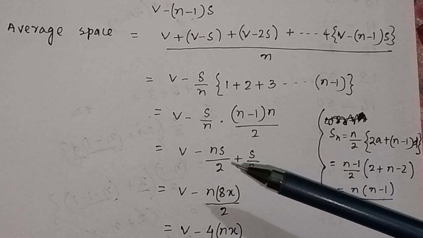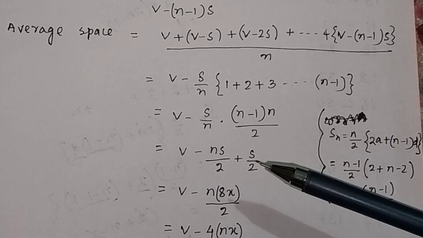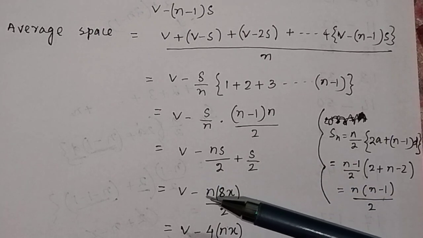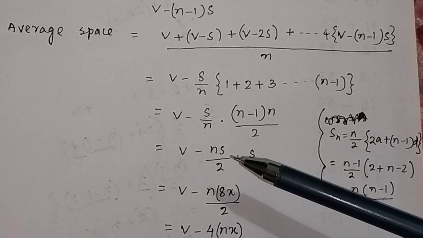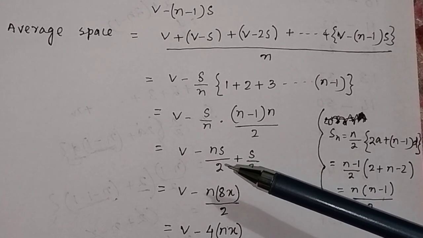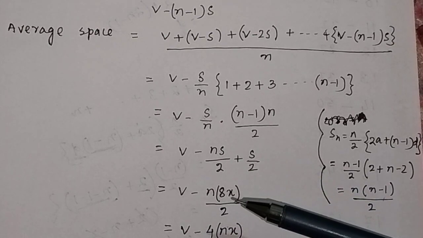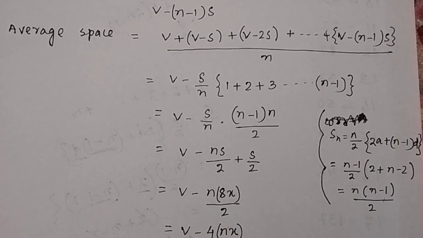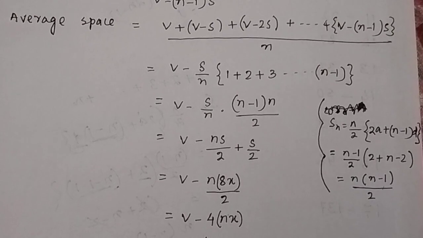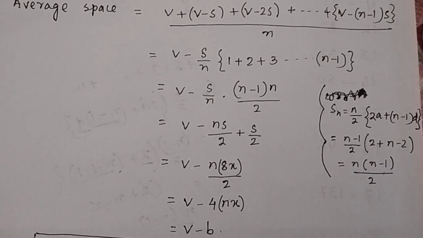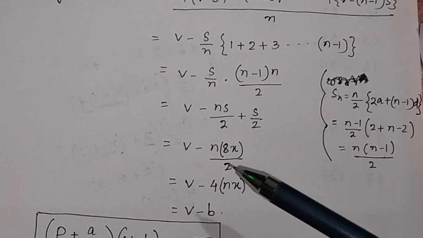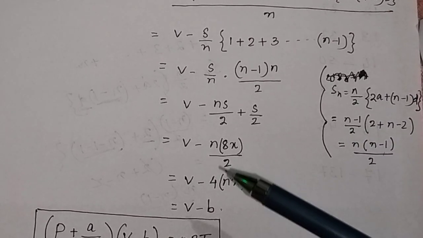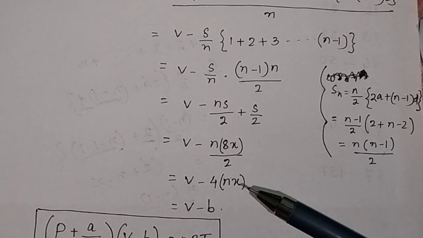So the final value will be equal to V minus n into S by 2. We have found the value of S, the volume of the sphere of influence, is equal to 8 times the volume of each molecule. So n into 8x divided by 2 will be equal to 4 times nx.